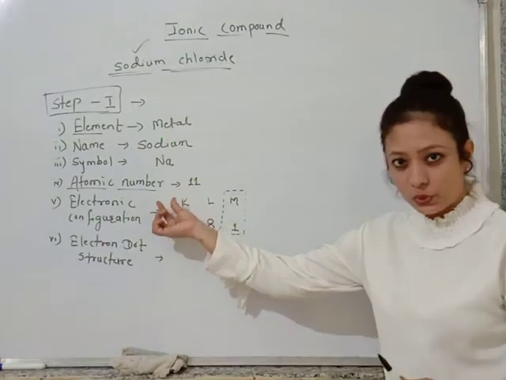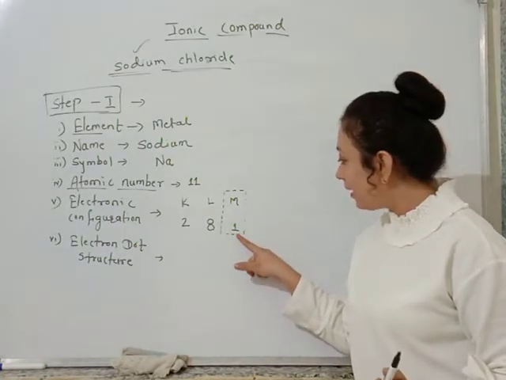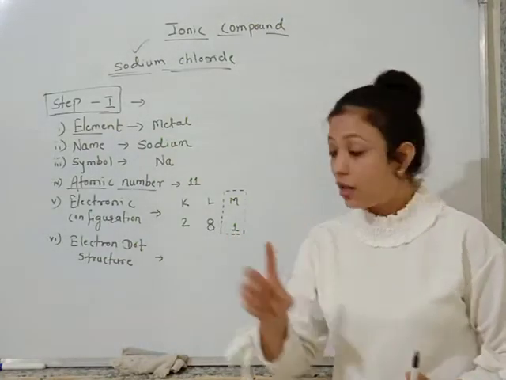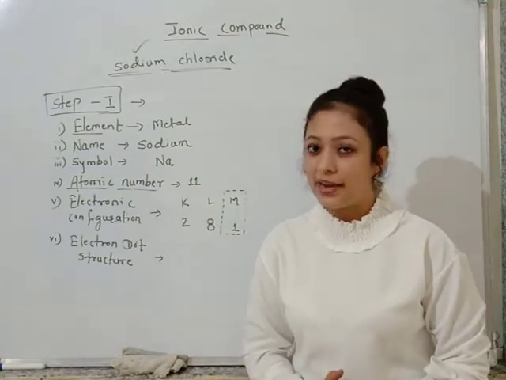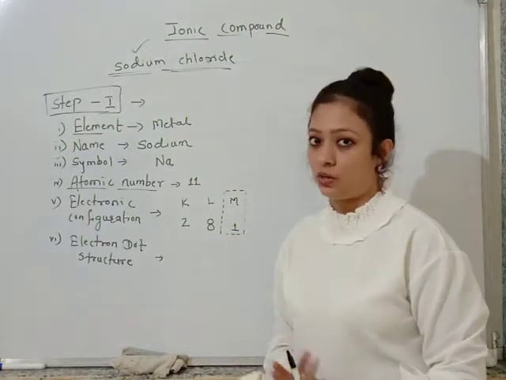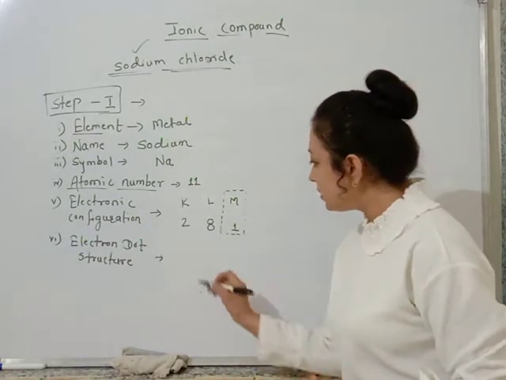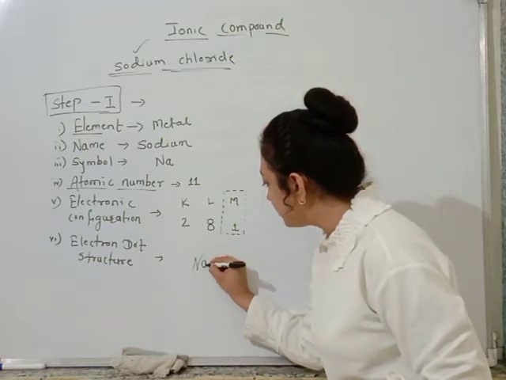In the case of sodium, M is the outermost shell. And how many electrons are there? 1. So in the electron dot structure, we are going to write the last shell's electrons. So it's 1 only. First of all, we will write its symbol, that is Na.